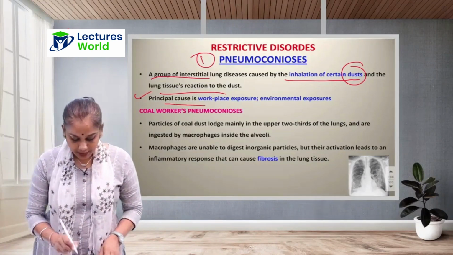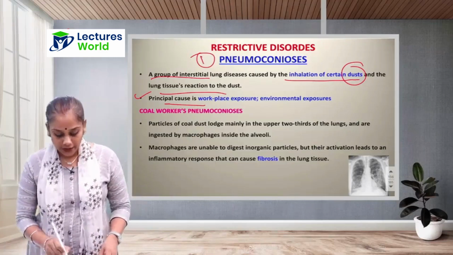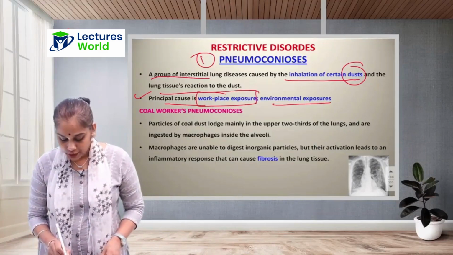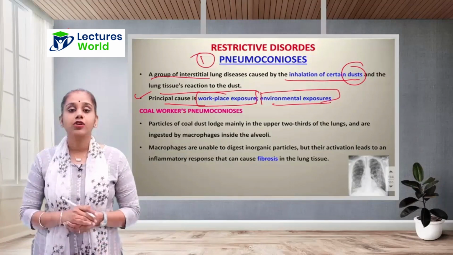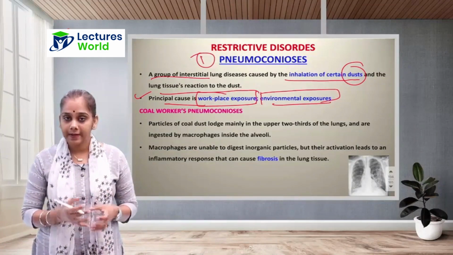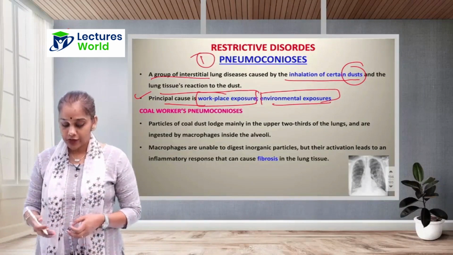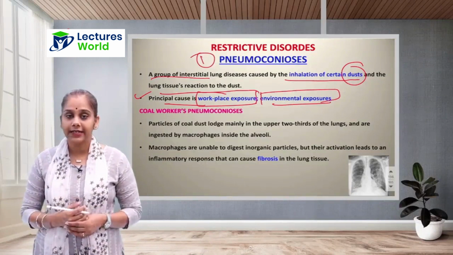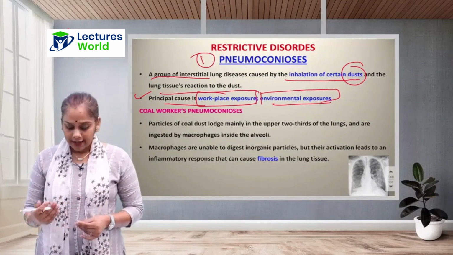The principal cause is related to workplace exposure and environmental exposure. Because of the working area, the industrial area, or because of environmental exposure, any changes in the climate can cause the infection.